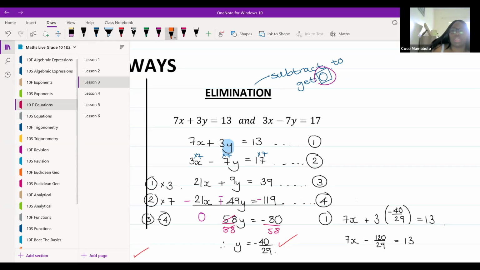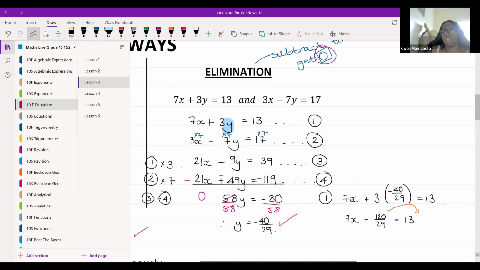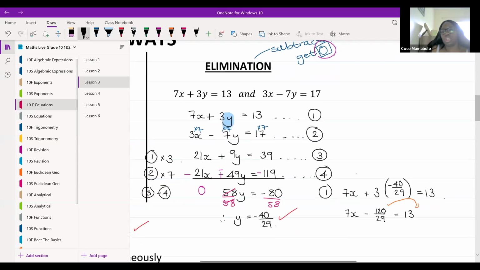And then we just have to take this over to the other side and we can solve for x. Okay, I'm then going to get 7x is equal to 13 plus 120 over 29. That'll be 7x is equal to 497 over 29.